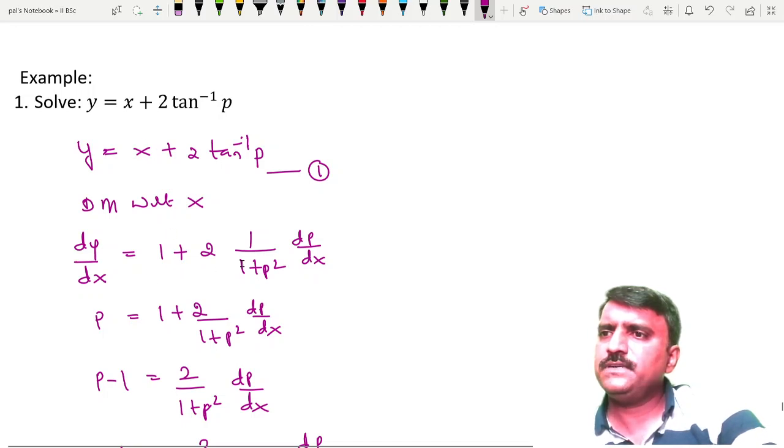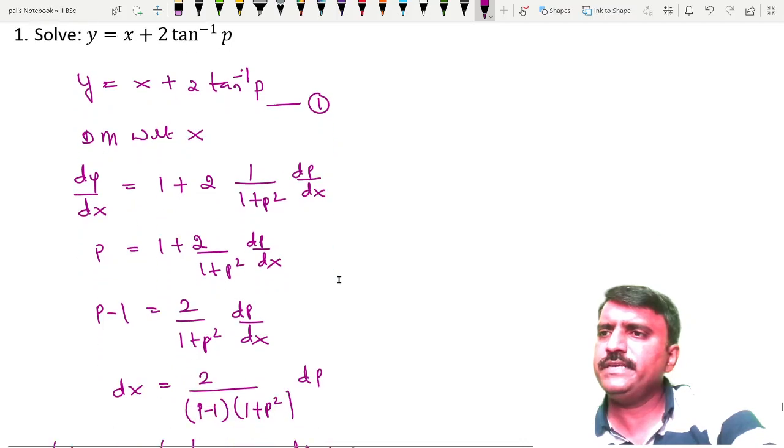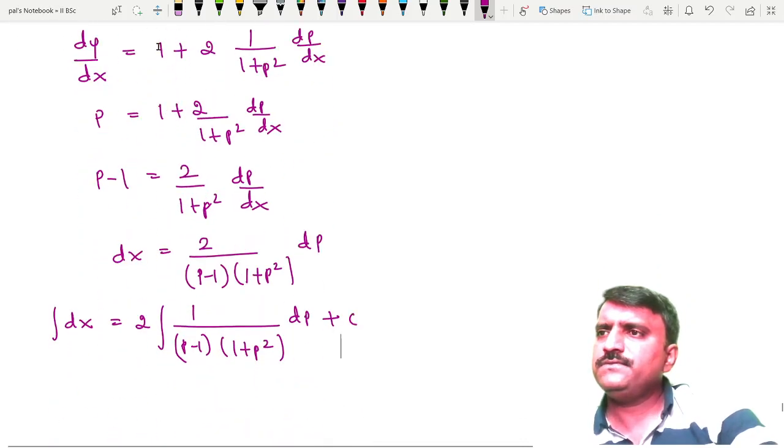Differentiation of x is 1, differentiation of tan inverse of p is 1 by 1 plus p square into dp by dx. Here we write dy by dx is p is equal to 1 plus 2 by 1 plus p square into dp by dx, shifting this 1 to the left hand side, then 2 by 1 plus p square into dp by dx, and we simplify this.